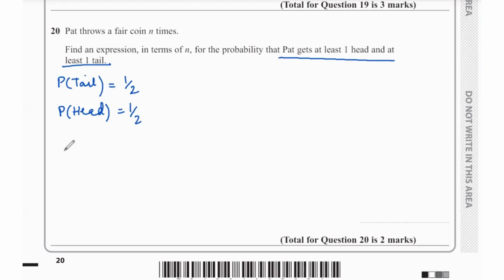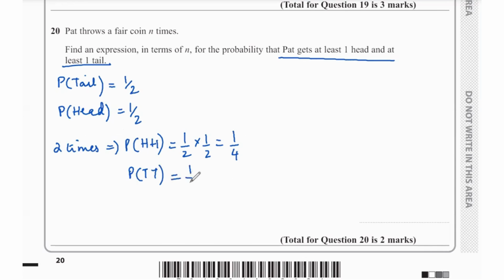Now, if you're tossing the coin 2 times, the probability of getting a head and head would be 1 over 2 times 1 over 2. That's 1 over 4. And the probability of getting a tail both times is also going to be 1 over 2 times 1 over 2, which is 1 over 4.